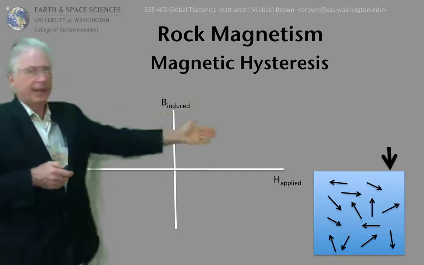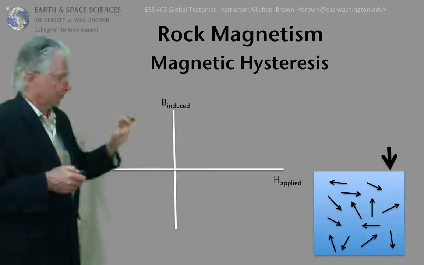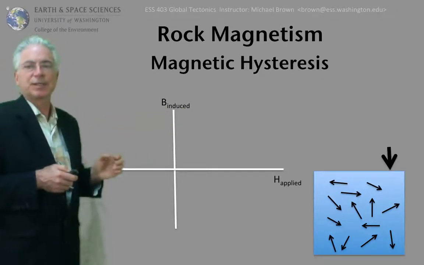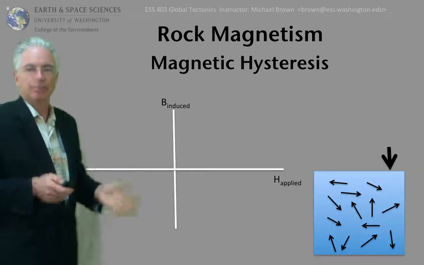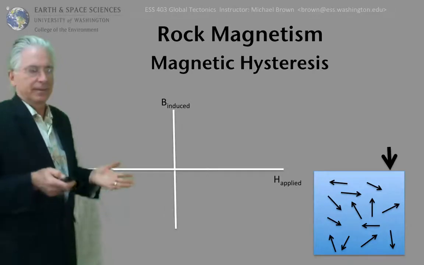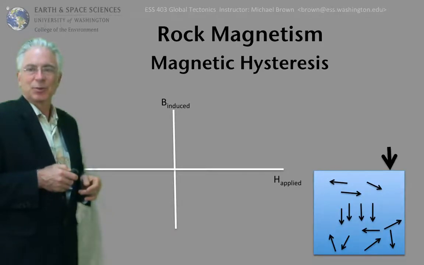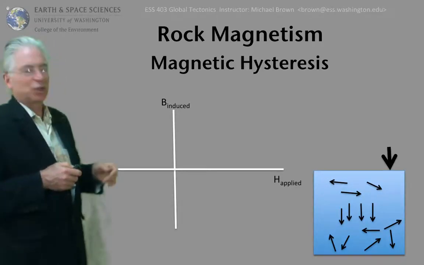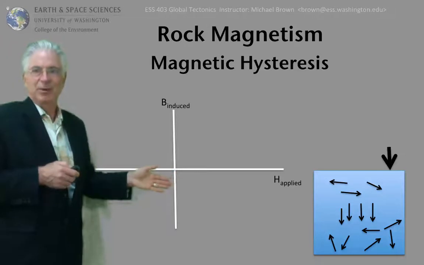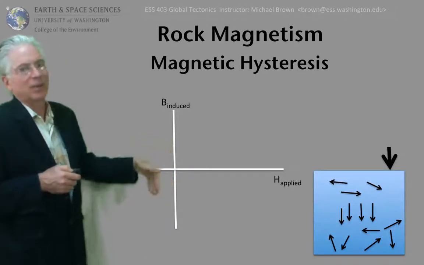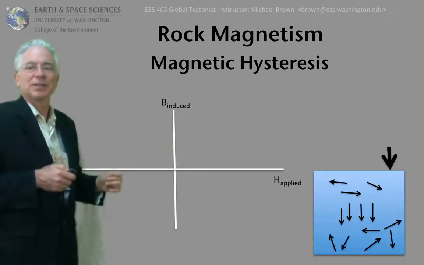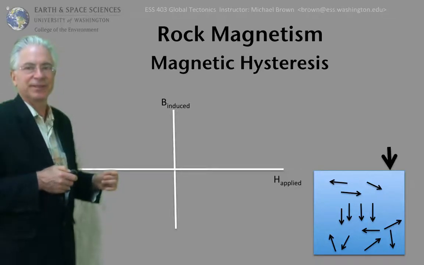So that arrow pointing down, short arrow pointing down, represents an external field applied to that box full of spins. Now, as a result of that external field, some of the spin orientations in the box rotate around and point in the direction of the applied field.